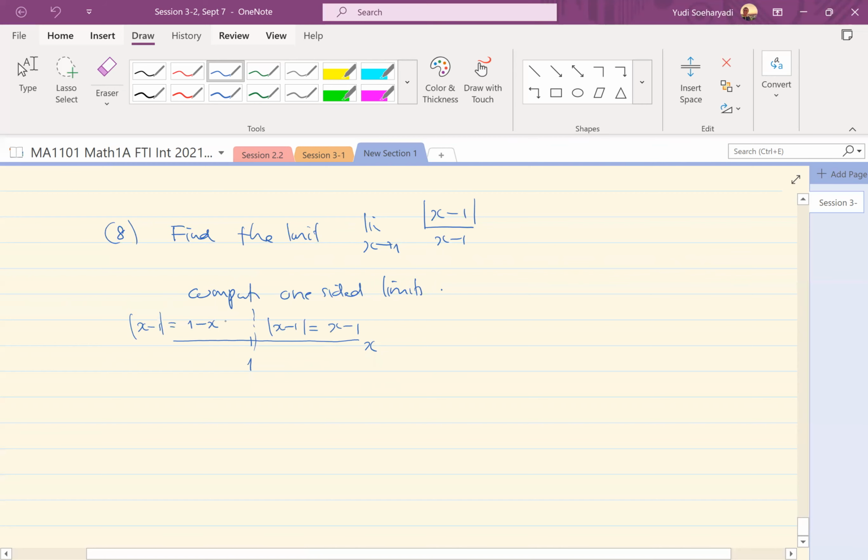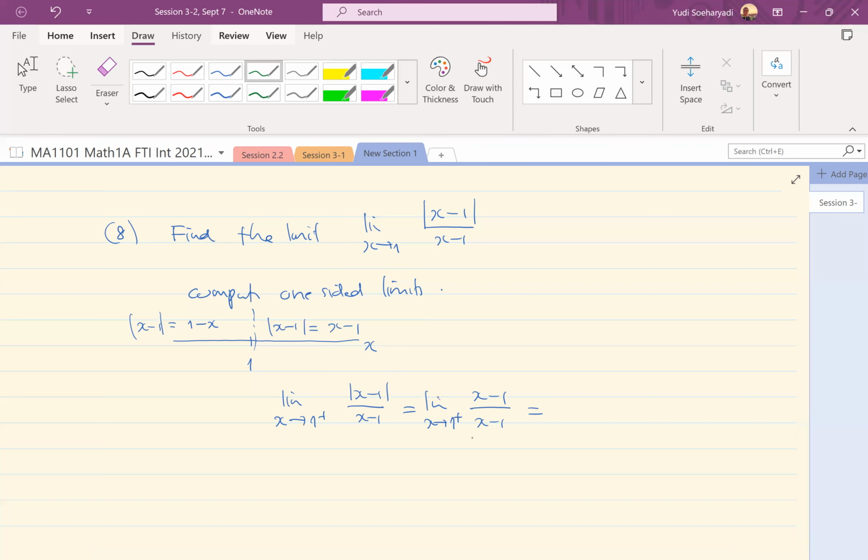Okay, so observers coming from the right, okay, so it's coming from the right, the absolute value is just x minus 1 here. So they cancel. Right? So that just gives you 1. Right?